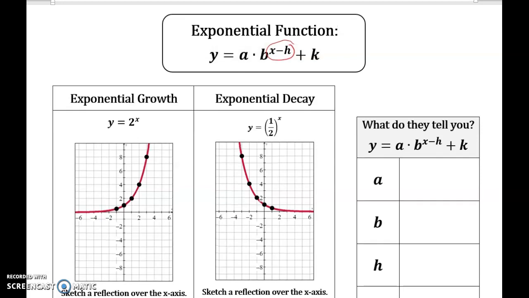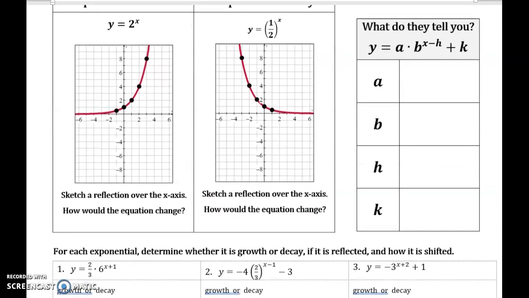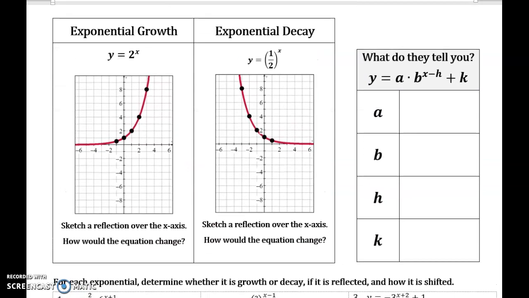The first thing I want to remind you, because yes, we have done this before, is that exponential growth, if I am reading from left to right, is growing. For decay, reading from left to right, it is going down. So growth gets bigger, decay gets smaller.